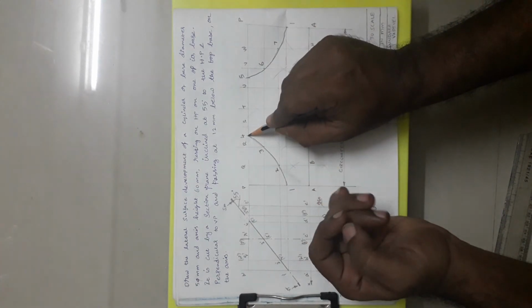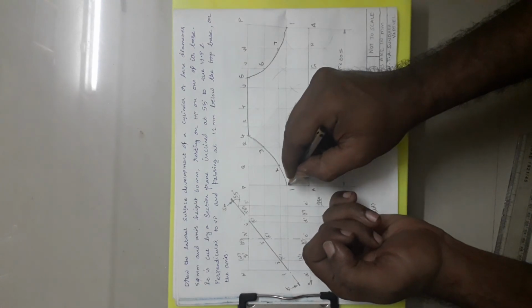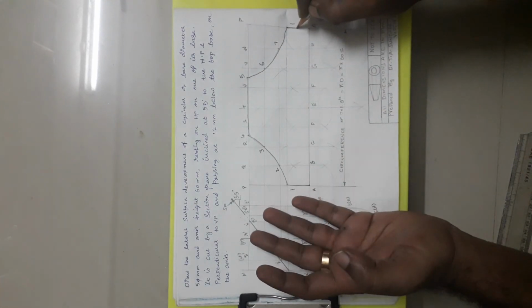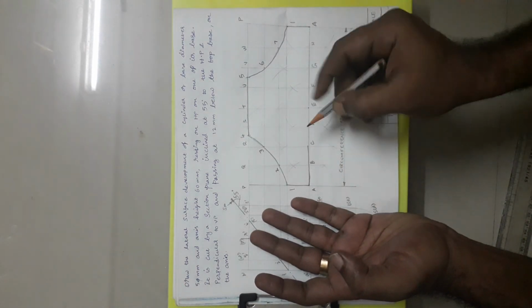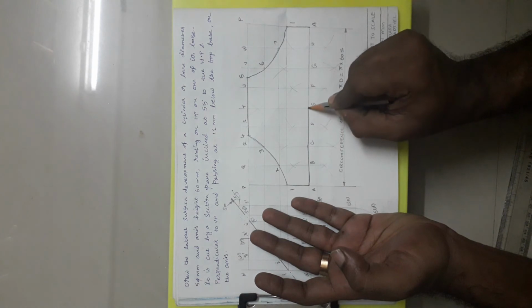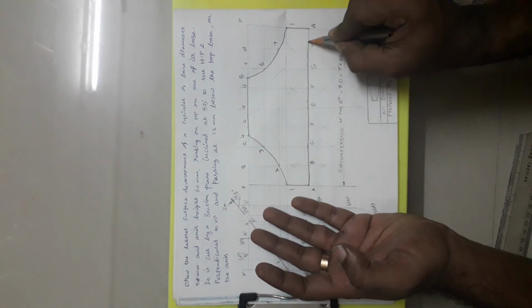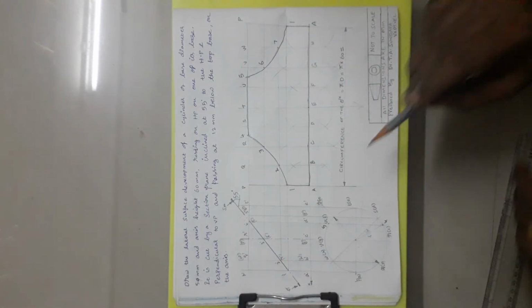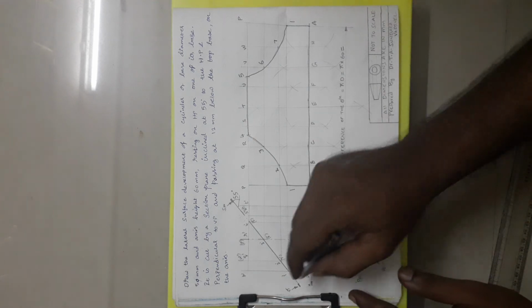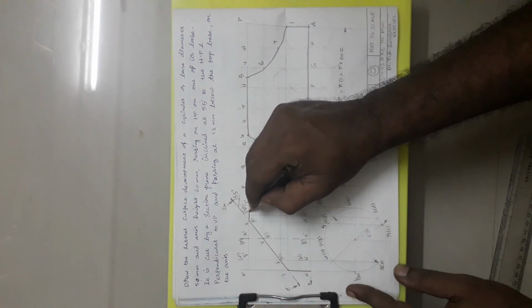We should not mark the inner lines dark, because that is a generator. So this outer portion only should be darkened. The inner line should not be darkened because this is a cylinder. Here also we have to make this portion alone darker.